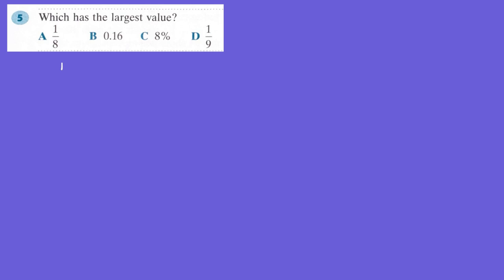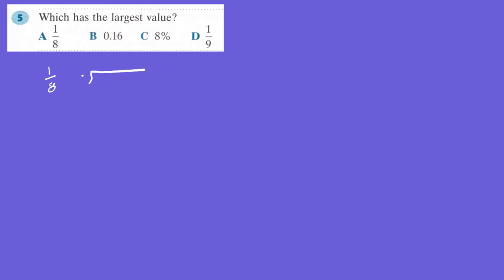I can tell that 1/8 is going to be bigger than 1/9, but this is not going to help me for the decimal number and the percentage. My decision here is to change all these numbers into decimal numbers. So I'll start with 1/8.